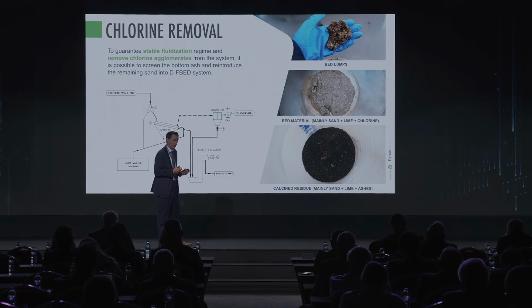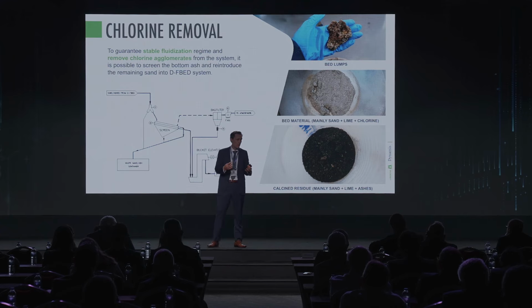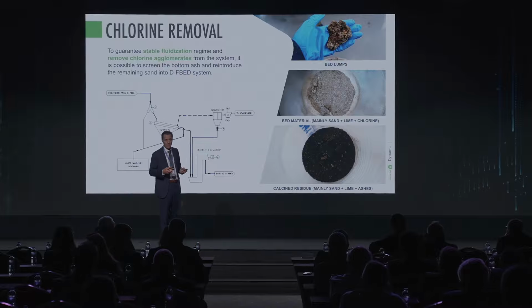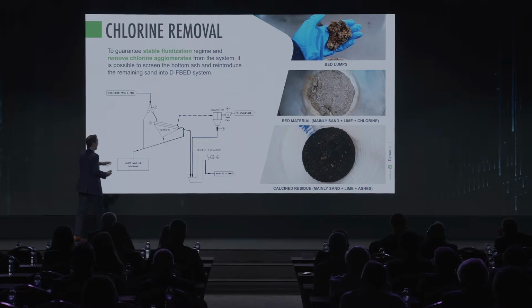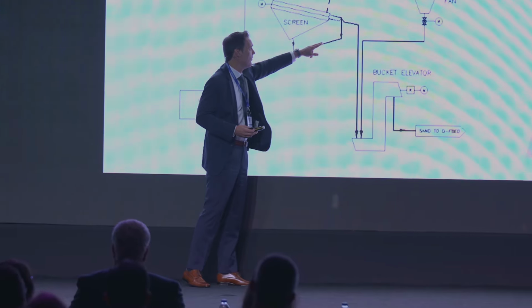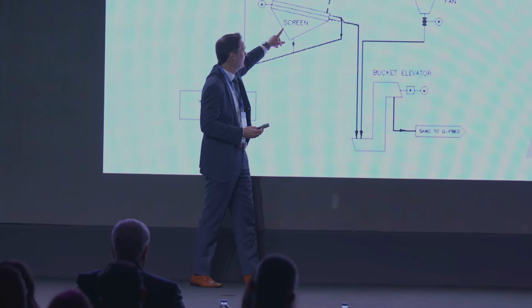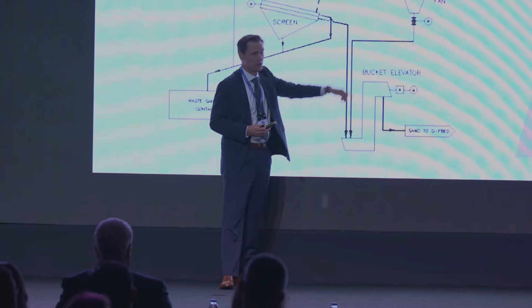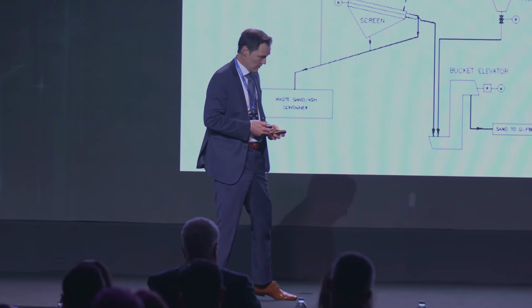So to separate the chlorine is just a matter of separating the lumps from the final sand particles. So using a screen, we can circulate the ash, the sand, and the coarse material rich in chlorine we discard, and the fine material we recirculate to the bed, right? Okay.